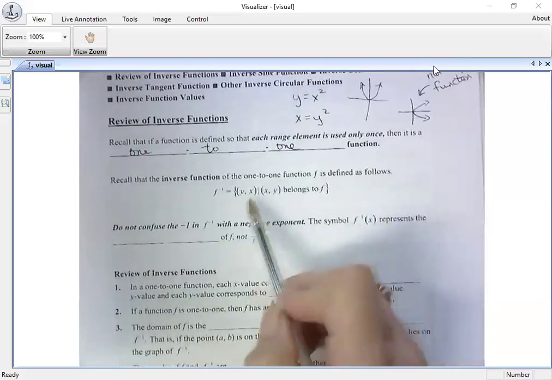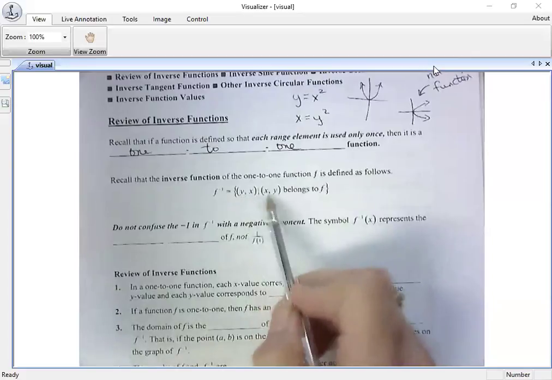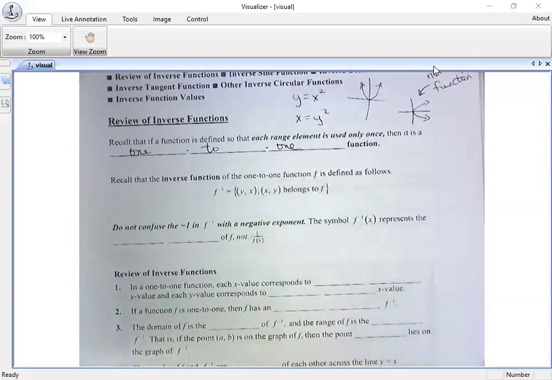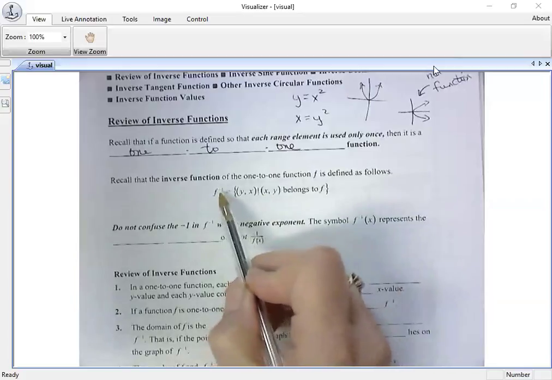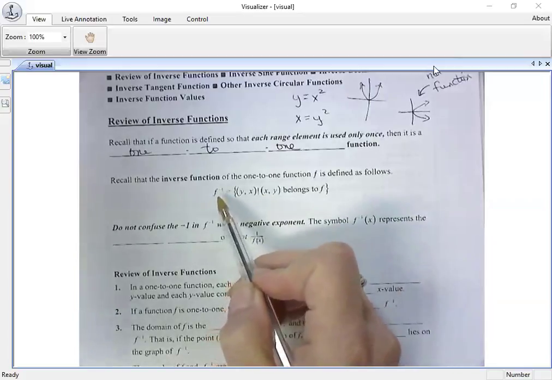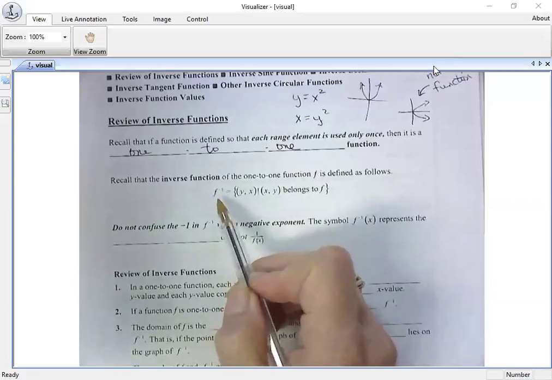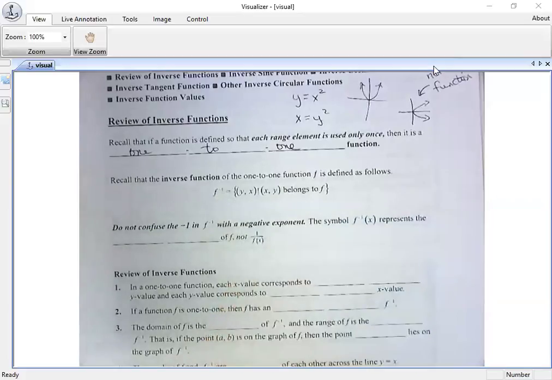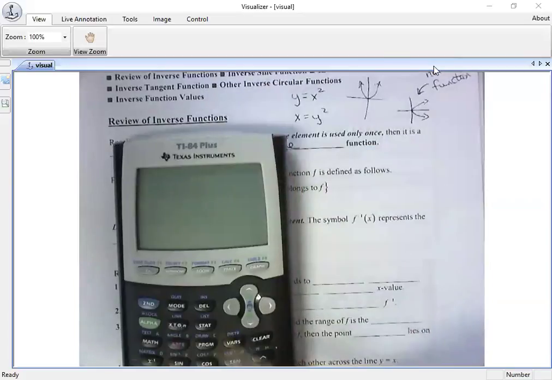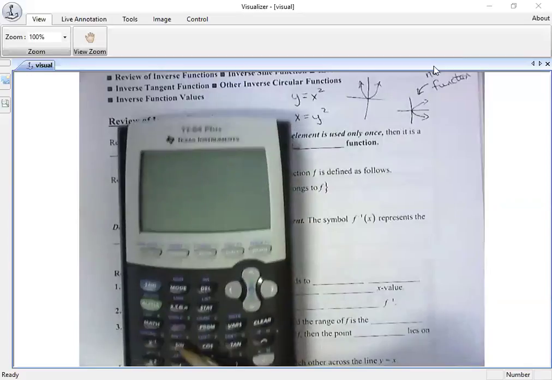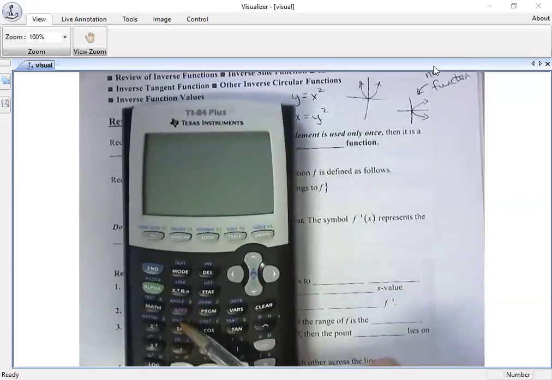Okay? And this is just explaining what we just talked about. Switching the x and the y is how I'm going to get the inverse. And this little, it looks like an exponent to the -1 power, but it is the symbol we use to represent when we're looking for the inverse. Kind of like on your calculator, where you see above sine, you've got sine to the -1.